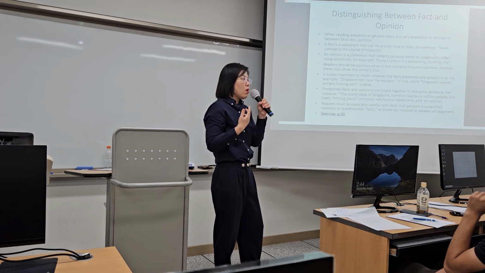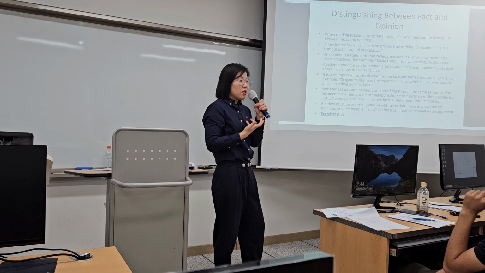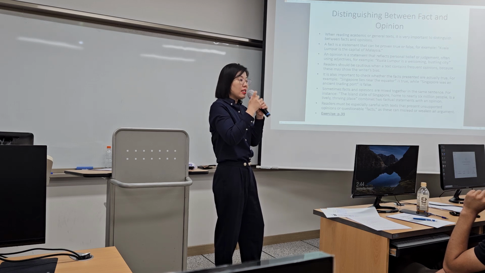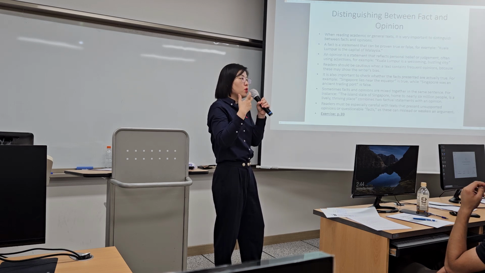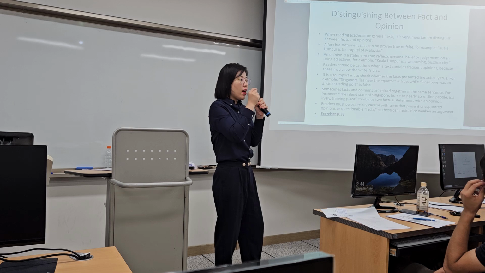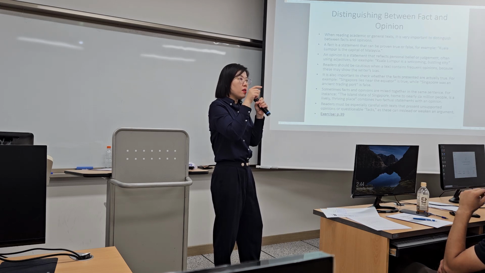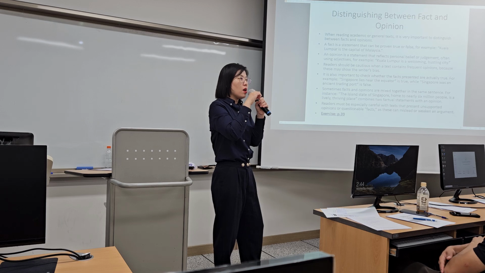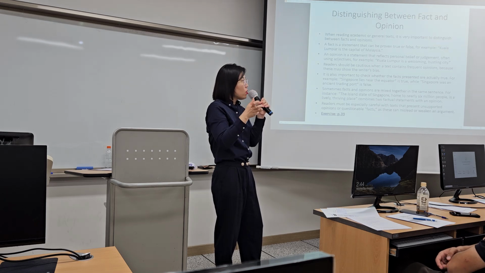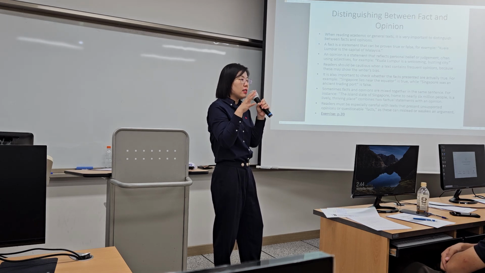But if you say Singapore is a bustling city, then it has an adjective added, and it becomes an opinion because it has the qualifier bustling, right? So one simple sentence can be a fact or an opinion according to what kind of adjectives the sentence has.